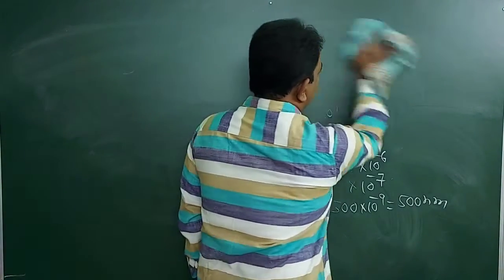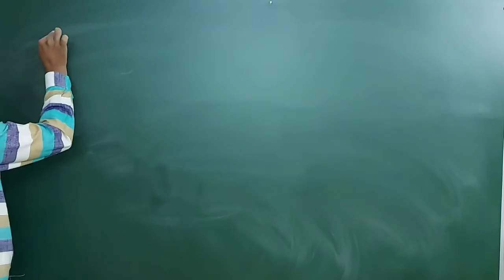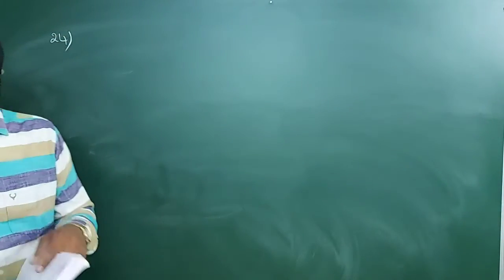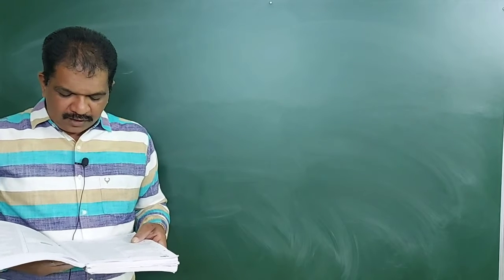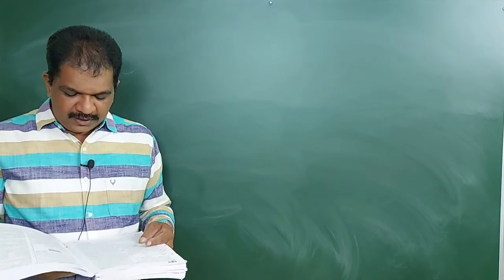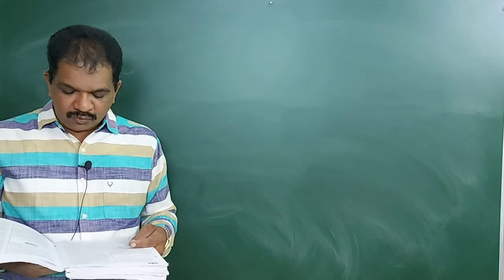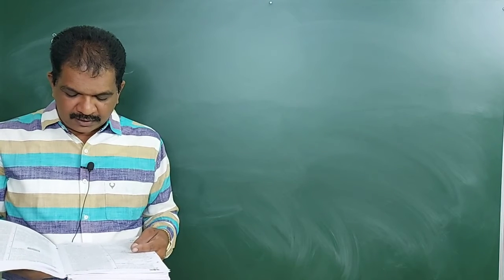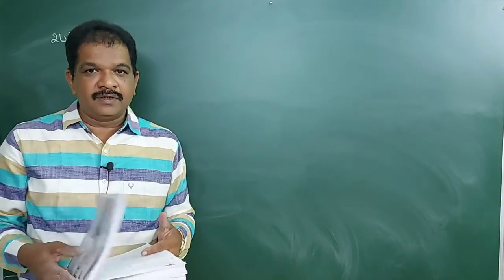Next, 24. What they are asking, see. Two identical bodies are made with materials for which the heat capacity increases with the temperature. One of these is at 100 degrees centigrade, another one is at 0 degrees centigrade. If the two bodies are kept in contact, then assuming no heat loss, the final common temperature is?